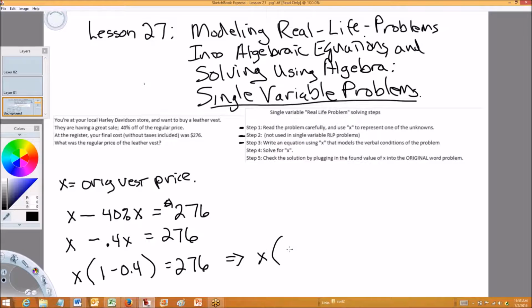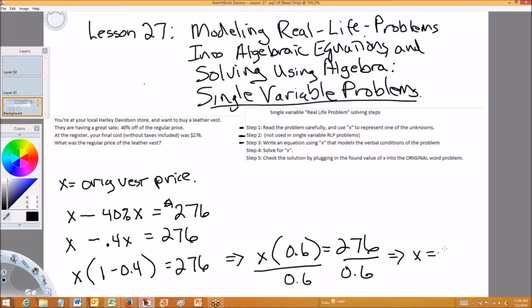And so we would want to divide the 0.6 both sides. And if you punch that into your calculator, x equals $460.